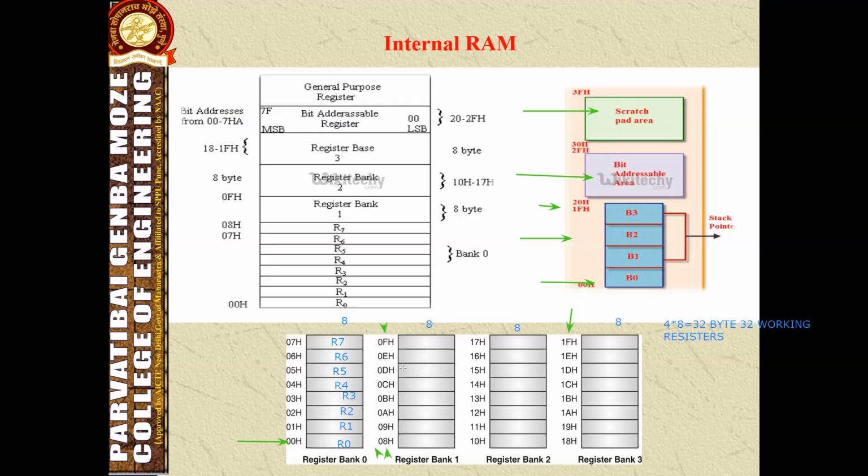The third bank, R0 to R7, begins from 10H to 17H. And finally the fourth bank starts from 18H to 1FH, as shown in the figure.